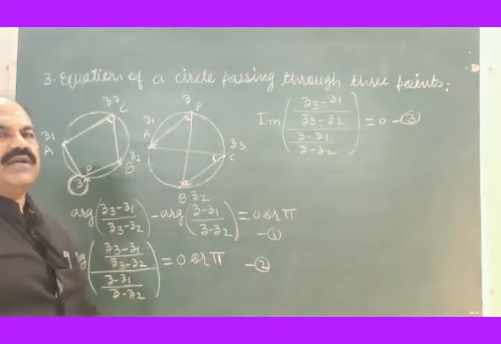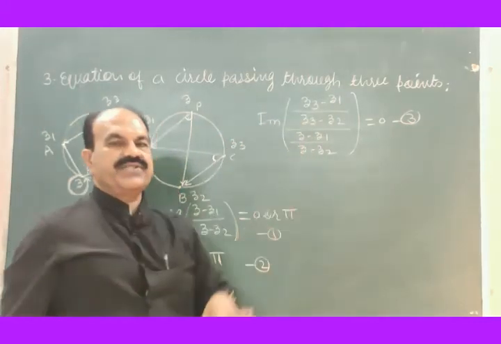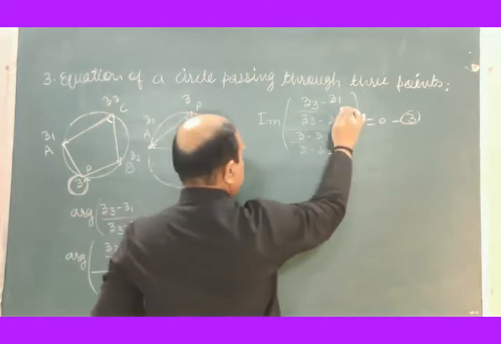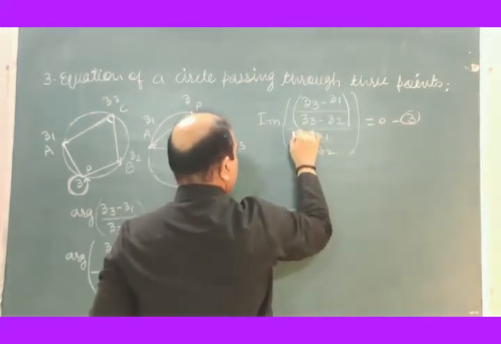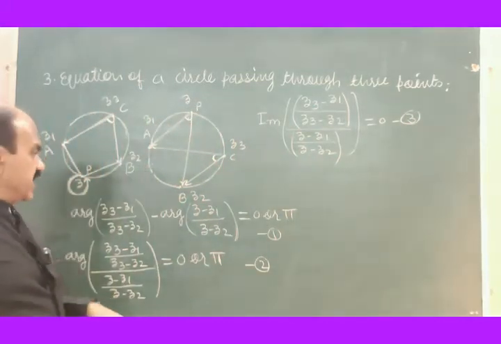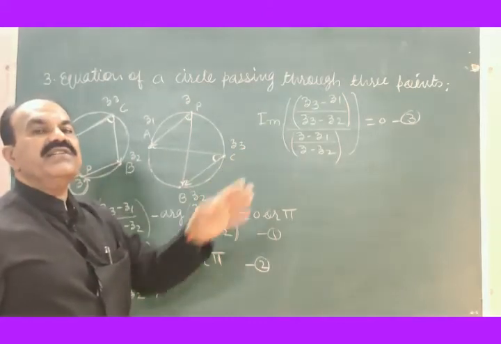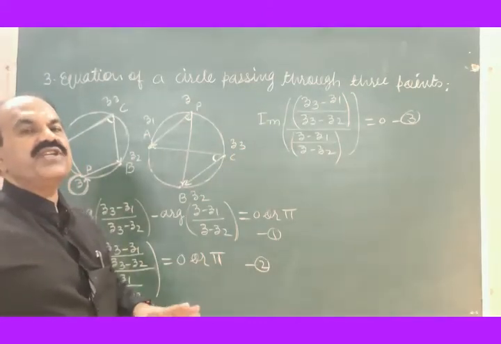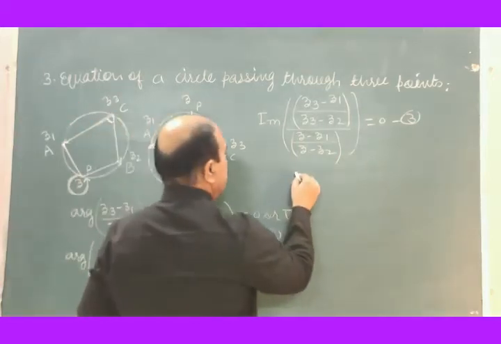Imaginary part of this divided by this is 0. It means that it is a real term. It is not imaginary.